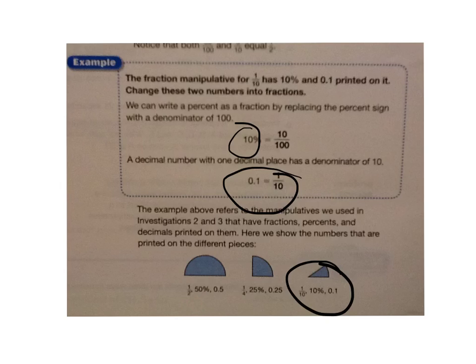A half, 50%, and 5/10 is half. 1/4 of the circle is the same as 25%, or we could say it is 25/100. And again, you should have all the pieces, even the 1/3 and the 1/5 and the 1/8 in your desk, which have the fraction, the percent, and the decimal number.